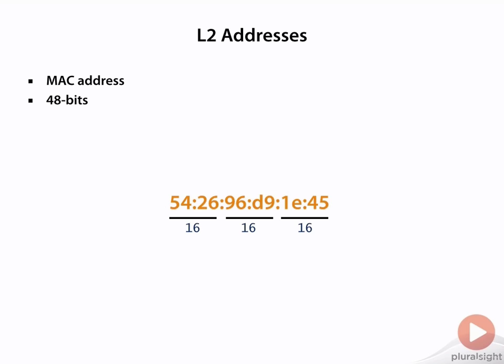Now, this MAC address that you see here, I pulled off of one of my machines, and like I said, we have discussed this in a previous lesson, but the reason that we're bringing it up here again is because in relation to a layer 2 switch, the source address in a frame is going to be learned by the switch.